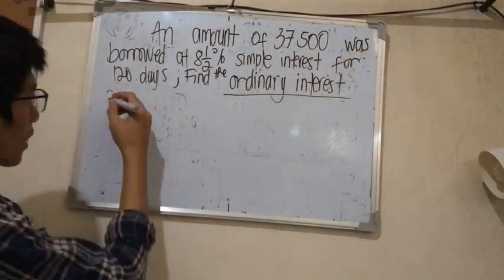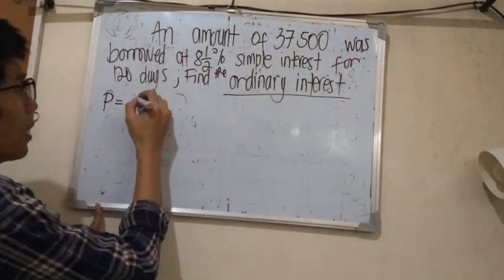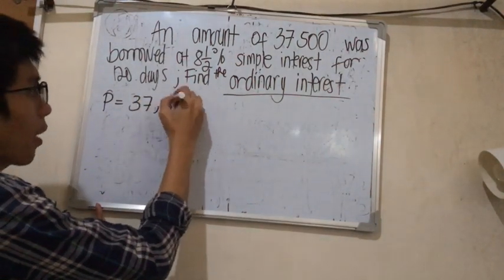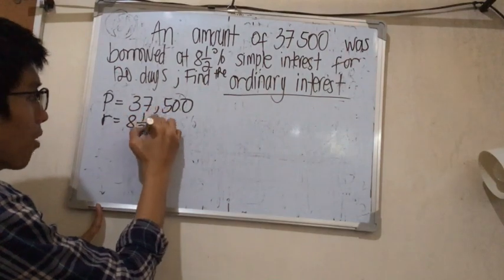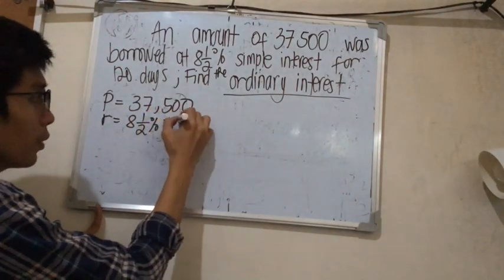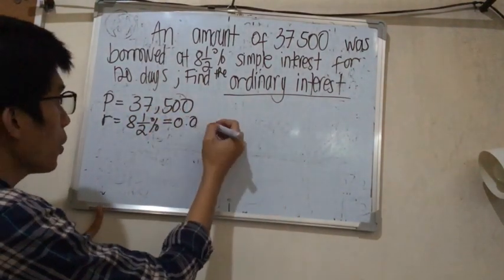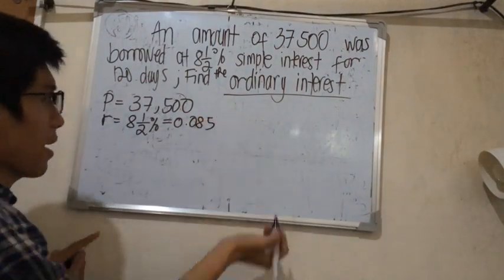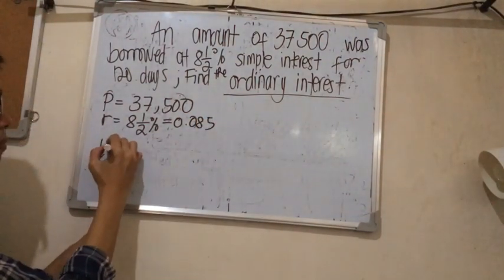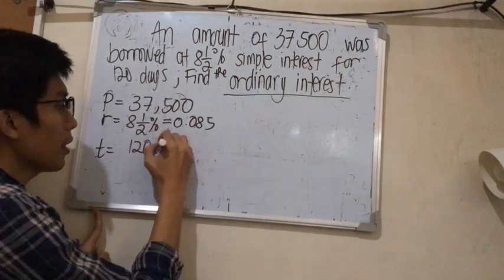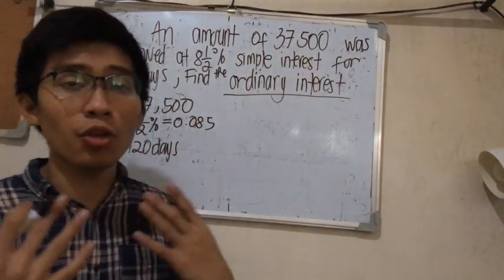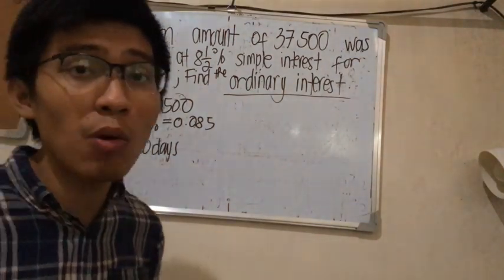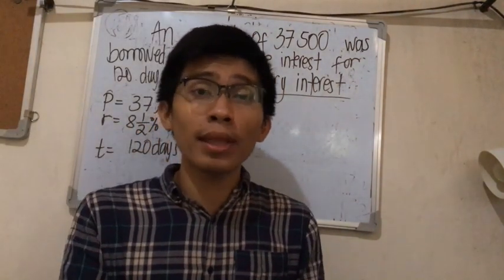Same thing, you have to identify your P. My P here is 37,500. My R here is 8.5%, or equivalent to 0.085. The time given is 120 days. Again, do not substitute 120 days directly in your T, because your formula will assume that 120 is in years.